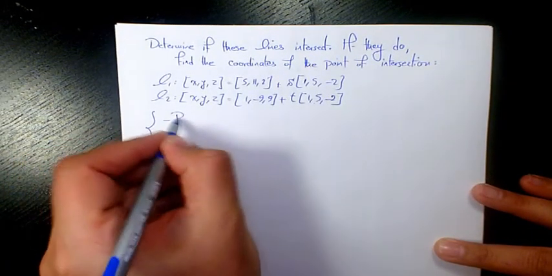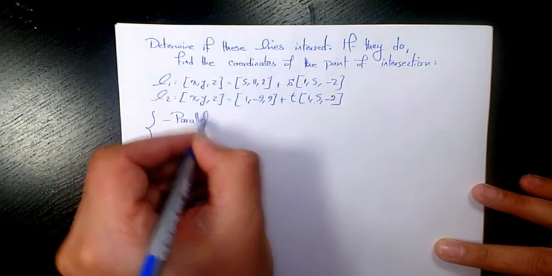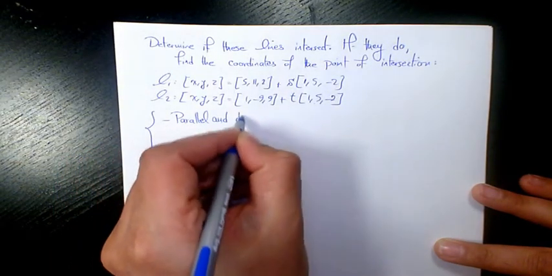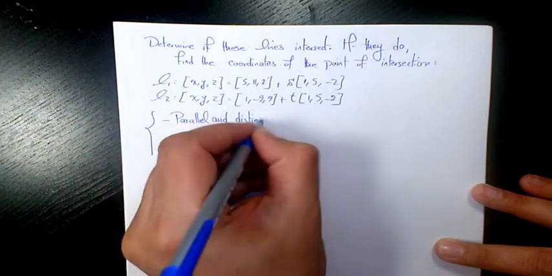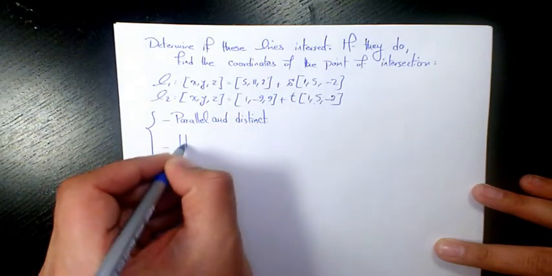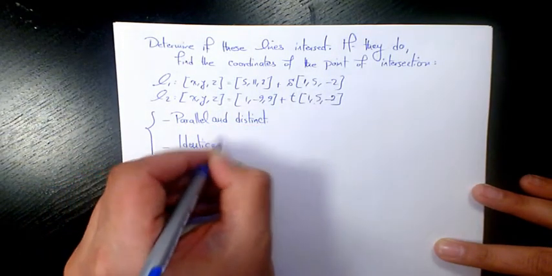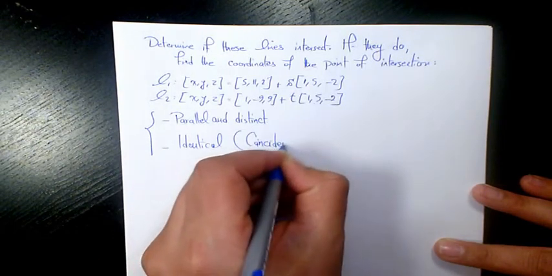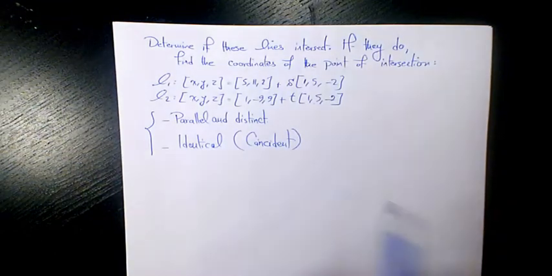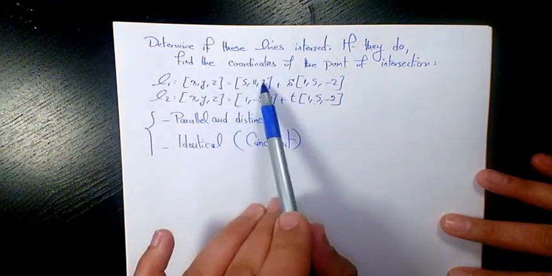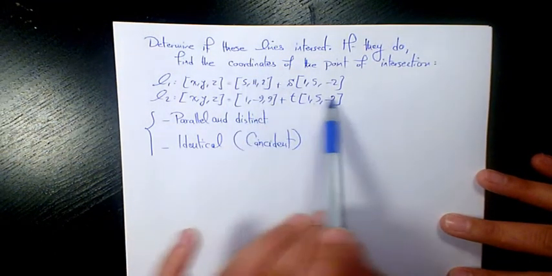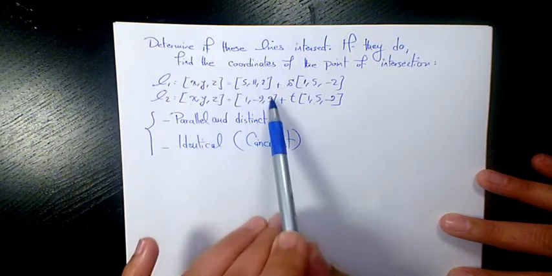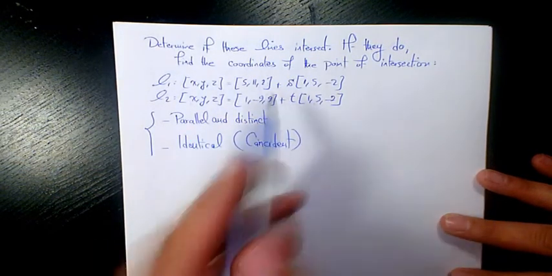Either they are parallel and distinct, or they are identical, or coincident. Let's check. If they are coincident, this point is on this line as well. Let's check that.